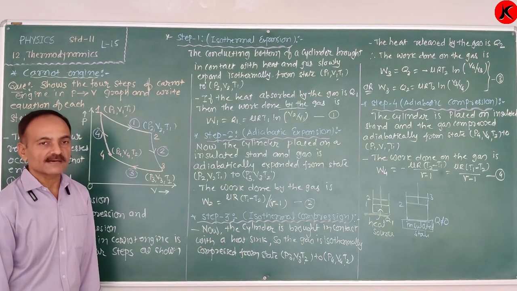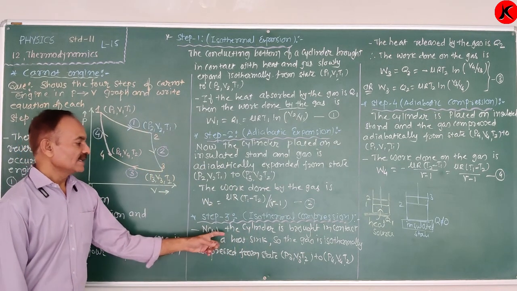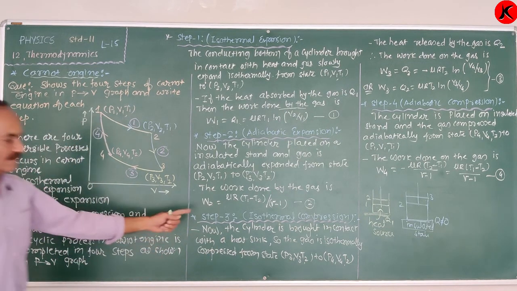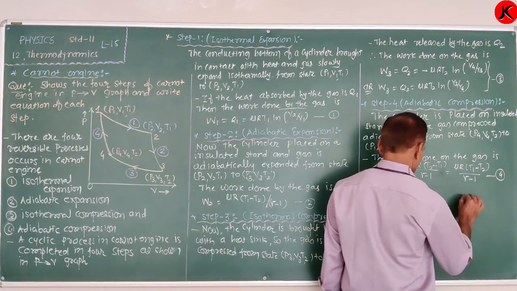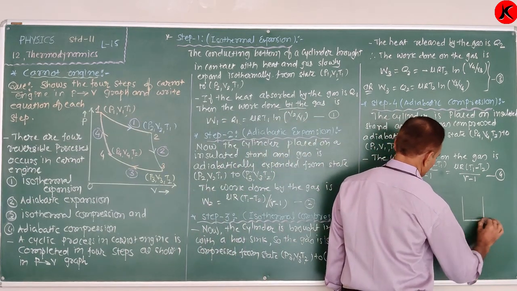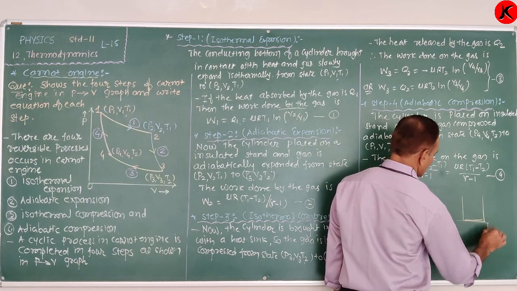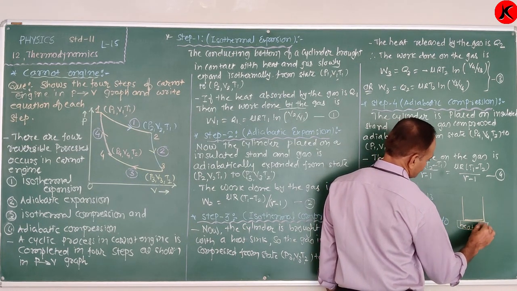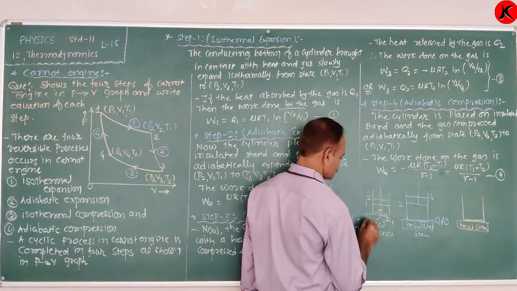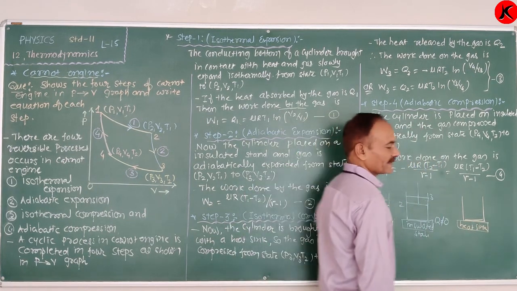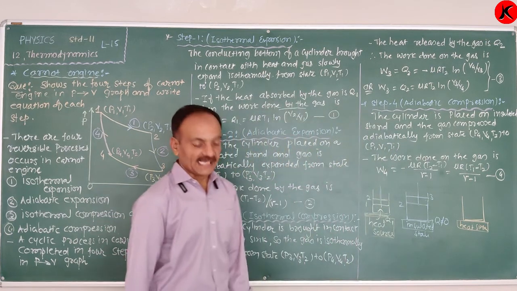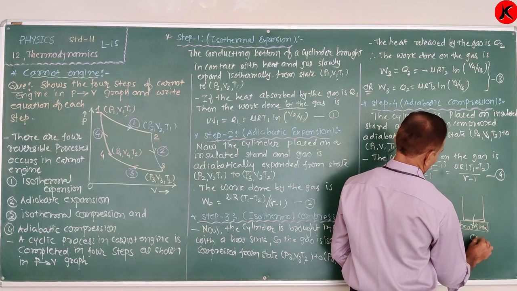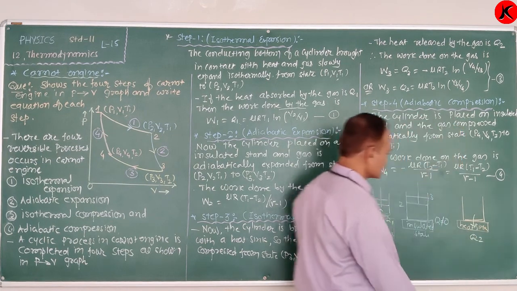How do we obtain the isothermal compression? For that purpose, the cylinder is brought in contact with the heat sink. The conducting bottom is placed in contact with the heat sink. So what happens? The gas releases heat into the heat sink. Q2 amount of heat is released.